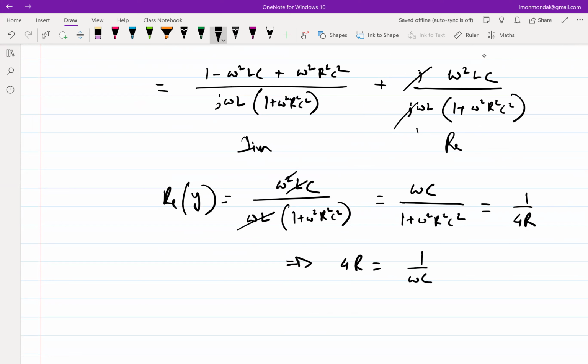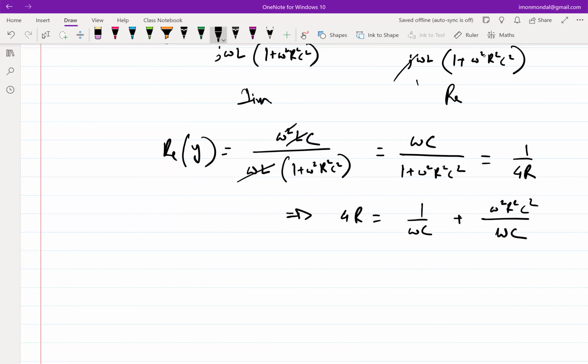1 by omega C plus omega square R squared C squared by omega C, right? So let me also write it in a more clear fashion.